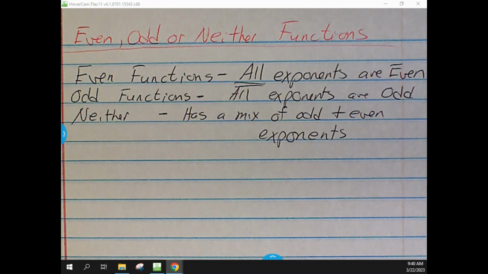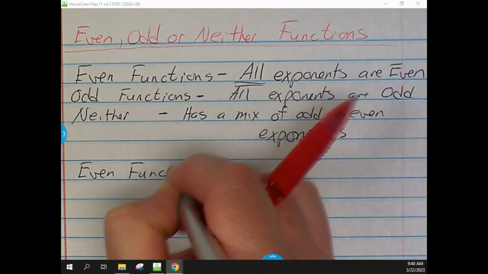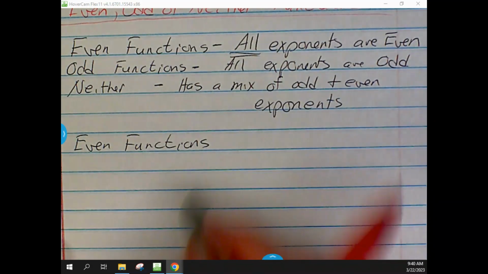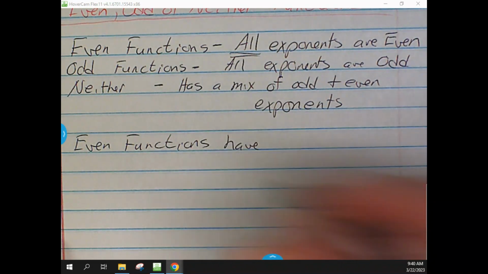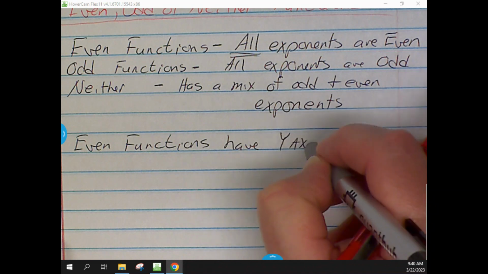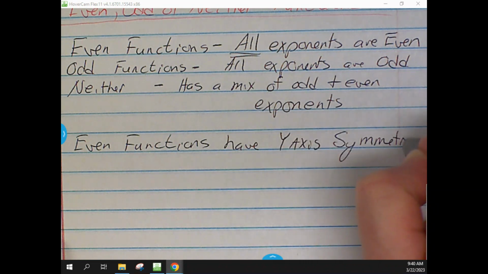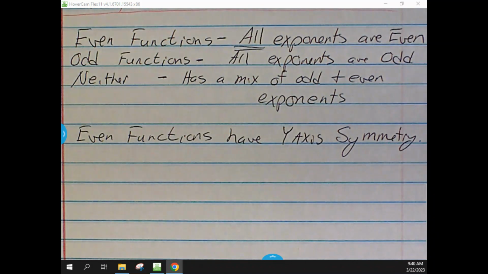Now, if it is an even function, if you have even functions, they have y-axis symmetry. Which means, think about that one, that's like x squared.